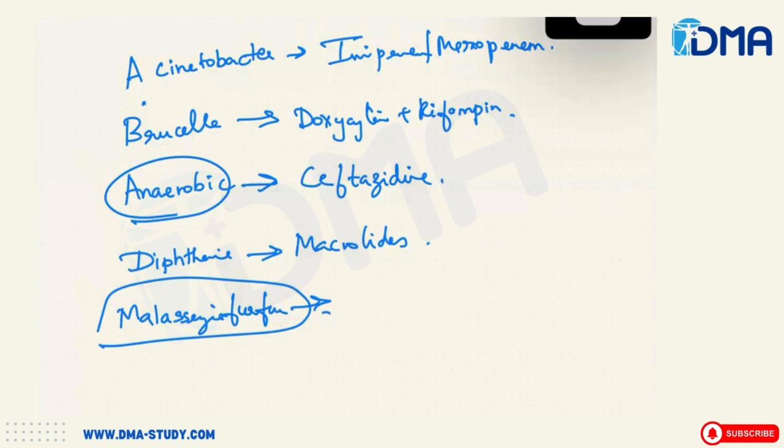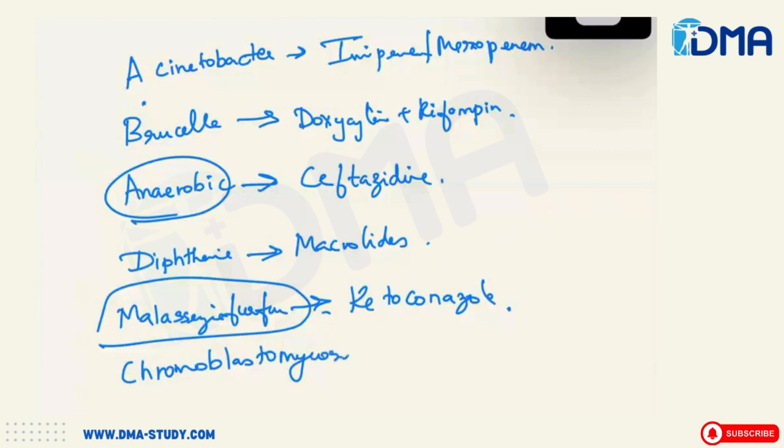Yes, it is a fungus, so you have to give an antifungal, right? What is the drug of choice? It is ketoconazole. What is the drug of choice for chromoblastomycosis? It is itraconazole.